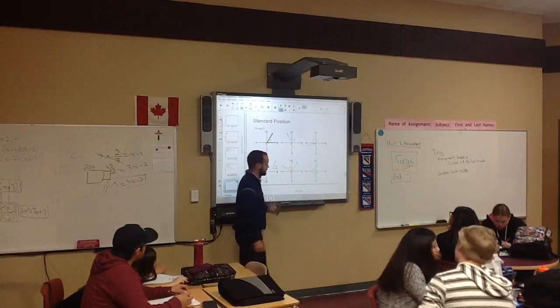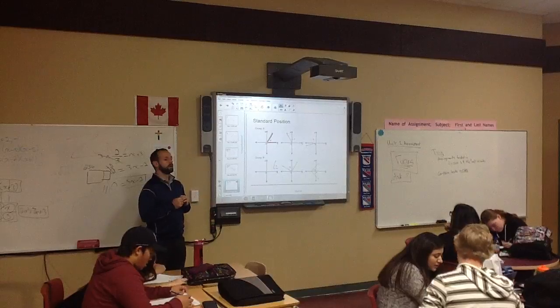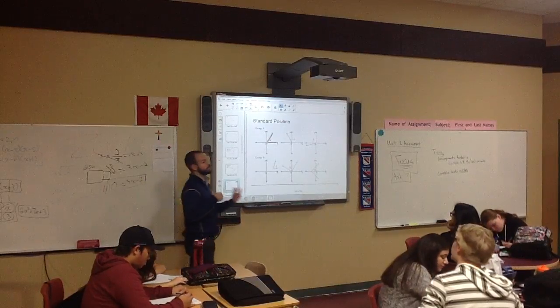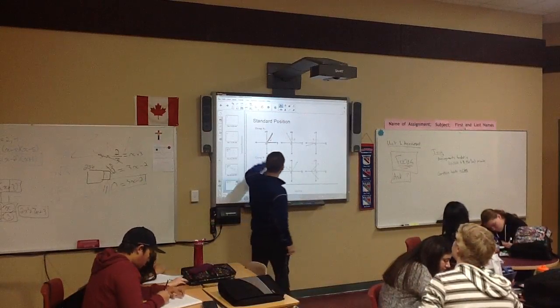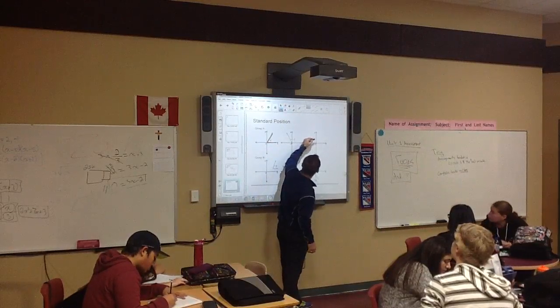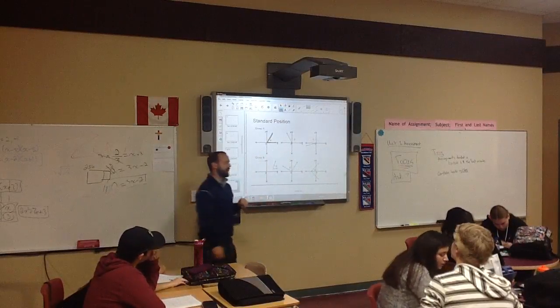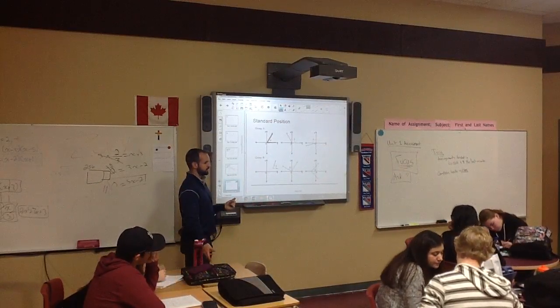Where is that hinge at? Always at which part? 0 or the origin. Okay, 0, 0, the origin. It's always in the middle. Each one of these has a hinge at 0, and the initial arm is the same as our x-axis.